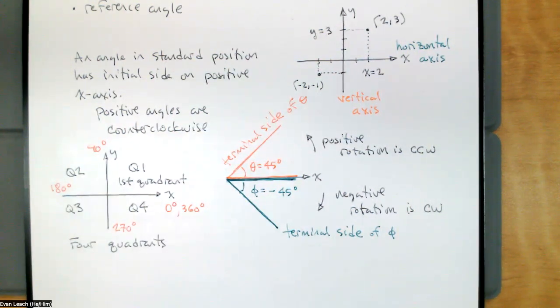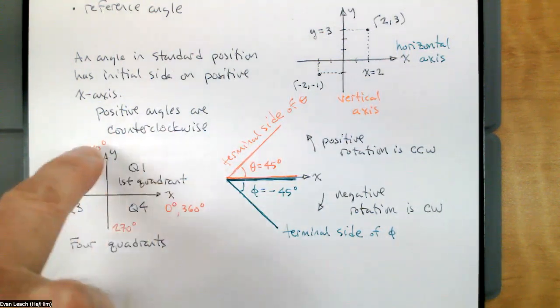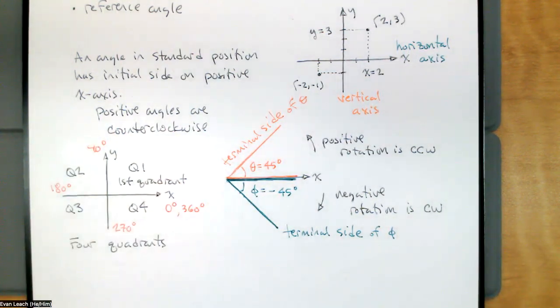So here's one of the issues that we have. We can label the angles from 0 to 360, but if we just keep going, we're going to be in the same places. We're going to have all the same places. So that's a lot of quadrants.